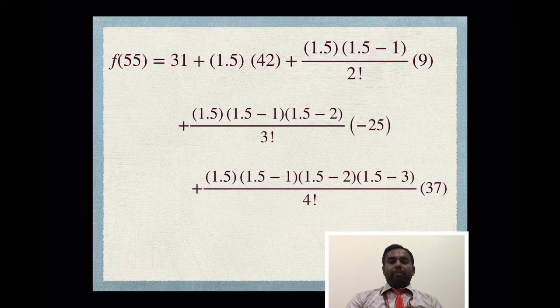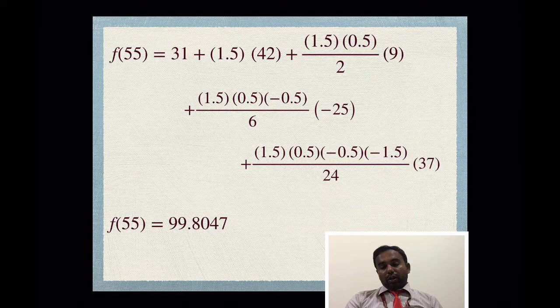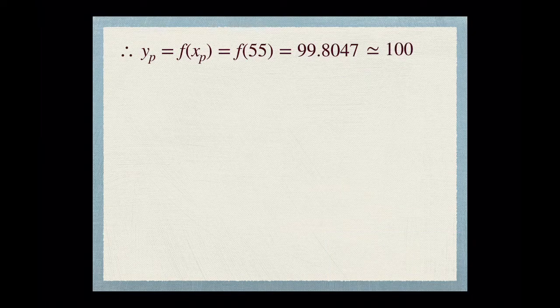After substitution and simplification, the value of f of 55 is 99.8047. Now, what are we talking about? In this problem, we are finding the number of students who have scored below 55 marks. Right? When that is the case, of course, yp is equal to f of xp, which is f of 55, which is 99.8047.